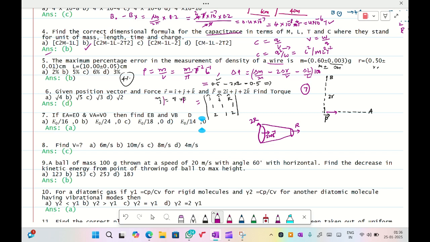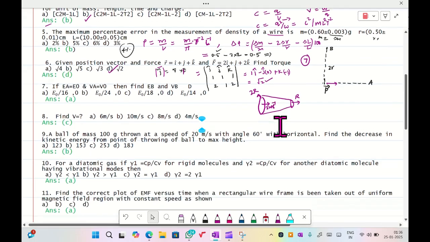He is asking the magnitude of tau. So 1 into 2 minus 1, that equal to 1 i cap, minus j into (2 minus 2), so 0, plus k into 1 minus 2, that equal to minus 1. So the answer is root 2. So D is the correct answer.